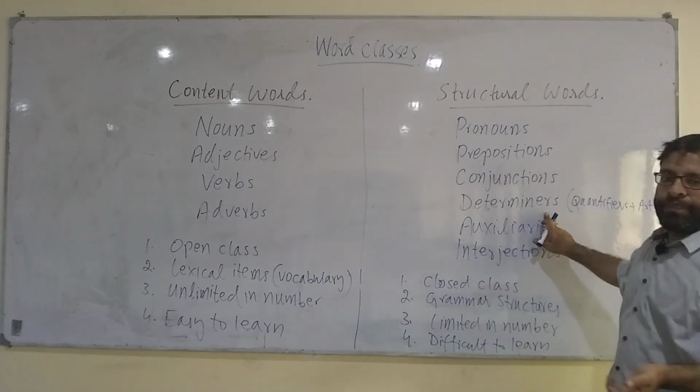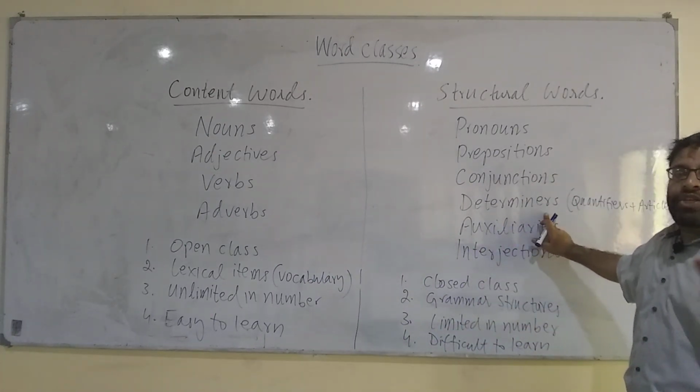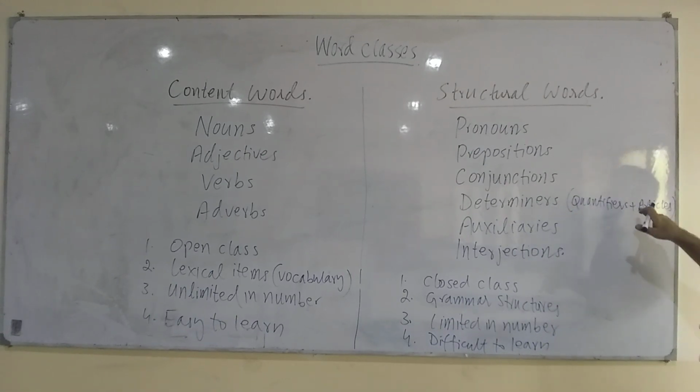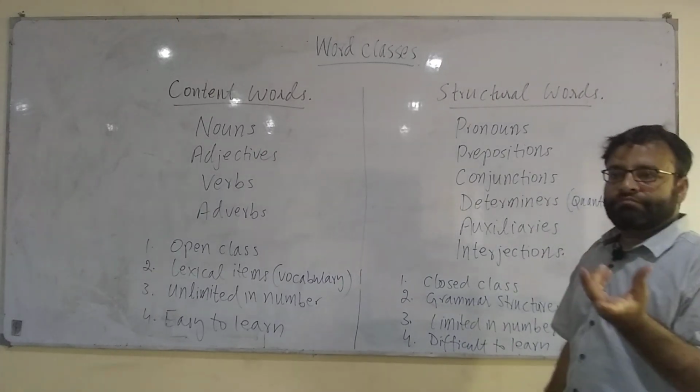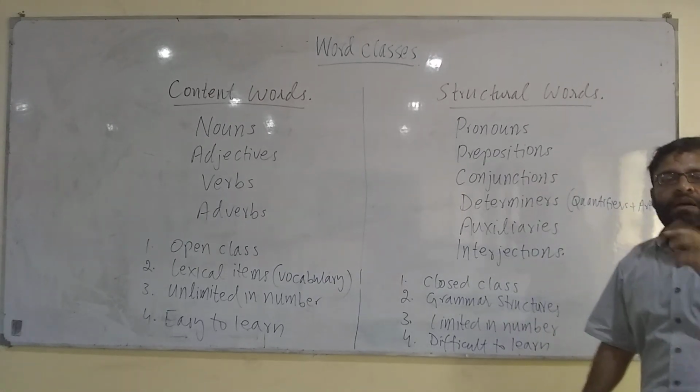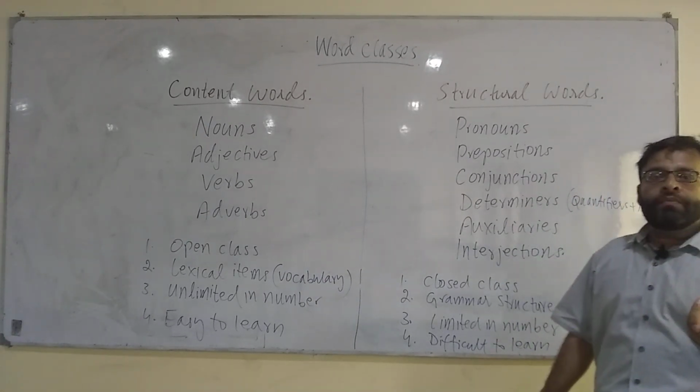Now, determiners. Determiners are actually quantifiers and articles. They tell more about nouns. Quantifiers are some, any, a number of, an amount of, a few, a little.